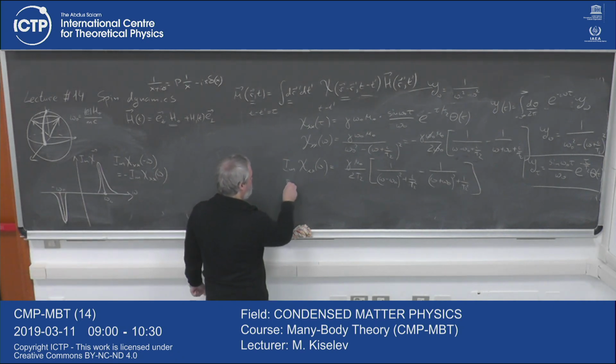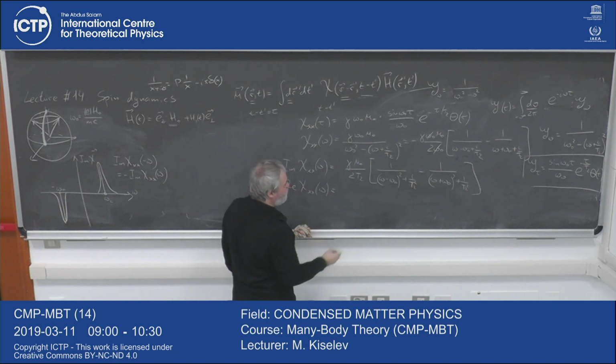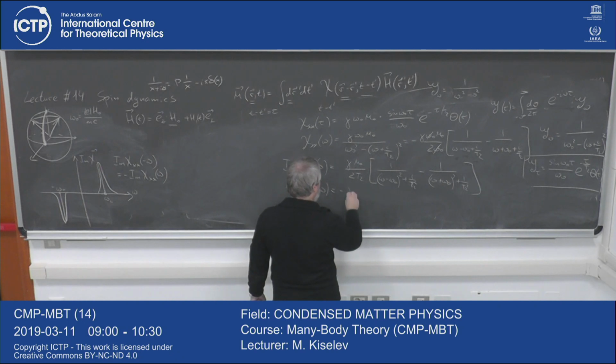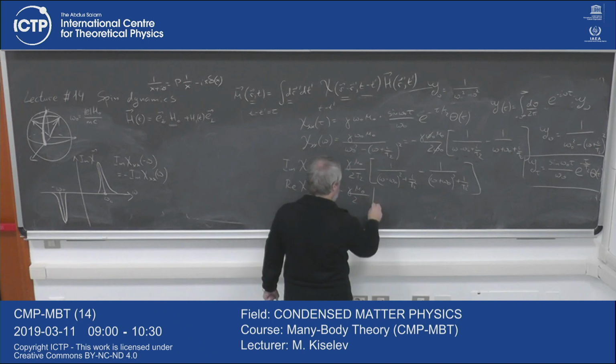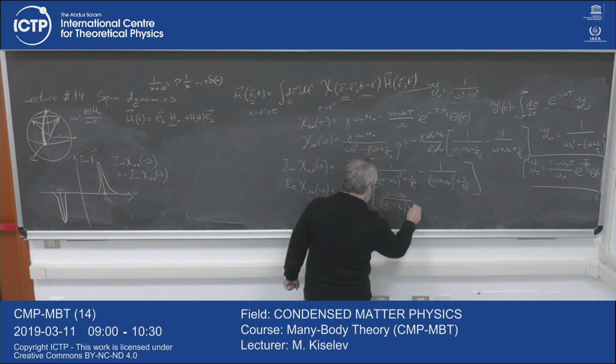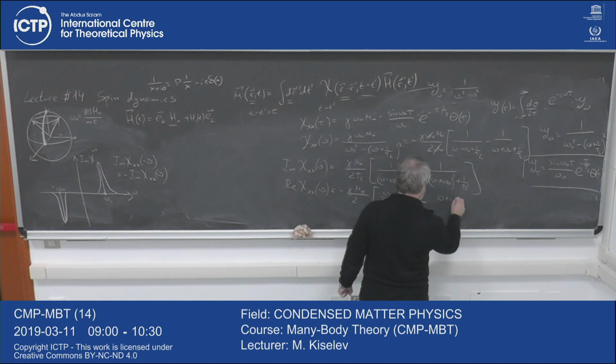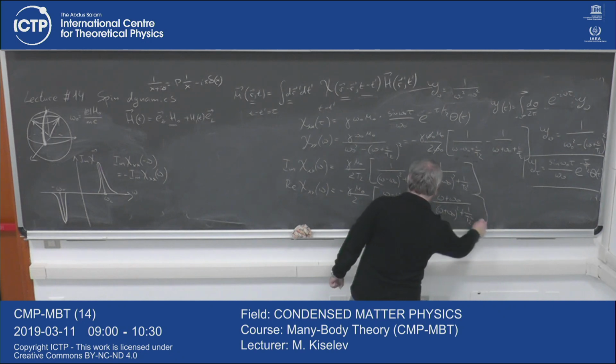So the real part of chi xx(omega) is equal to, I multiplied by the complex conjugated, gamma M naught over 2. Here it's (omega minus omega naught) divided by the same denominator, (omega minus omega naught) square plus (1 over T2) square, minus (omega plus omega naught) over (omega plus omega naught) square plus (1 over T2) square.